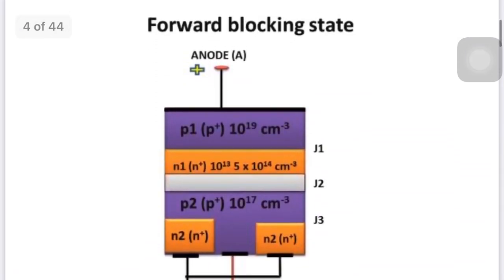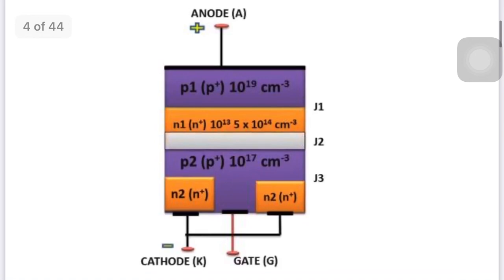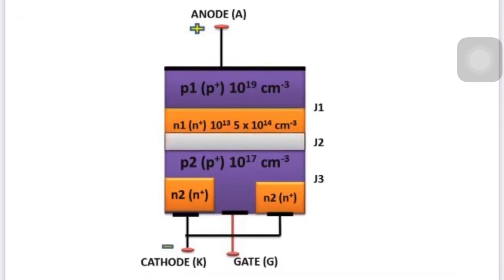Now, how does it behave during forward blocking conditions? Forward blocking state means that it does not allow current even though we are giving the anode to cathode voltage, right. So, what will happen? As I told you earlier, when I consider the anode as positive, current tries to flow through the PN. J1 is forward biased because it is simply a PN, but J2 is reverse biased. So, a layer called the depletion layer, which you can see over here at J2, forms.